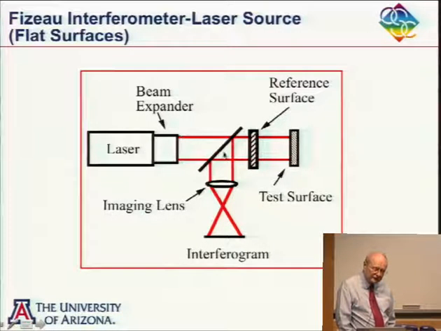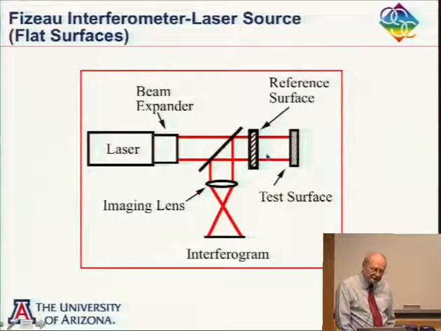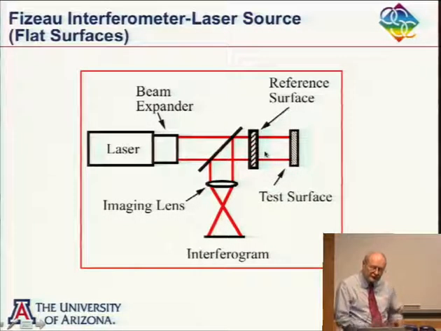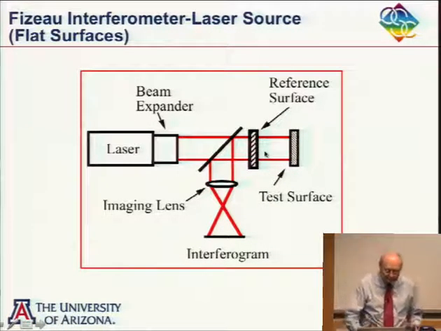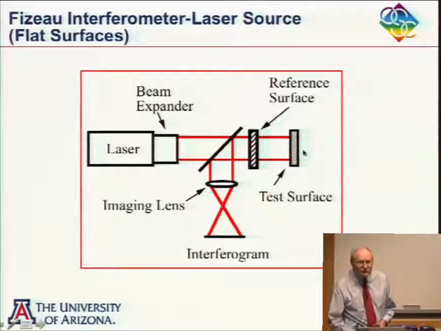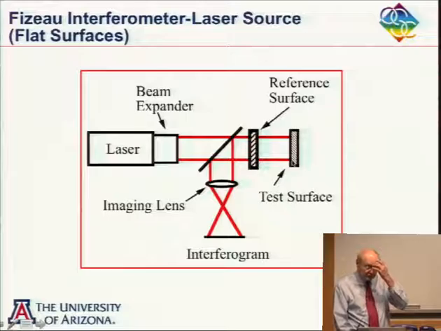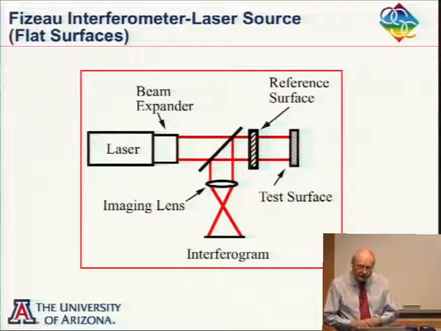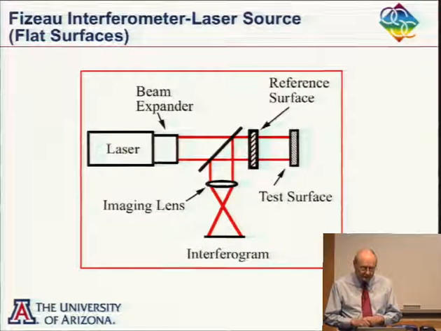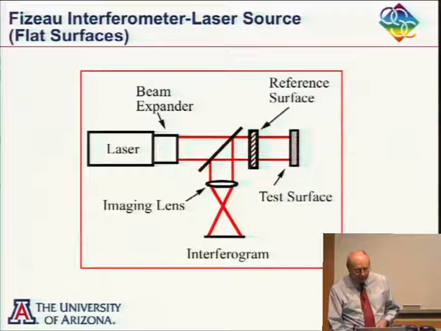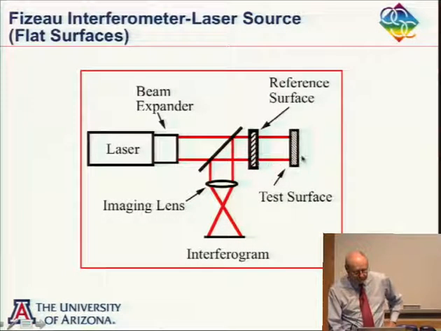The error becomes worse, so if I have errors back here, as I change the separation between these two surfaces, the light is traveling different distances, and if it's not at normal incidence here, you get this old 2d cosine theta OPD change for light going through here at different angles.